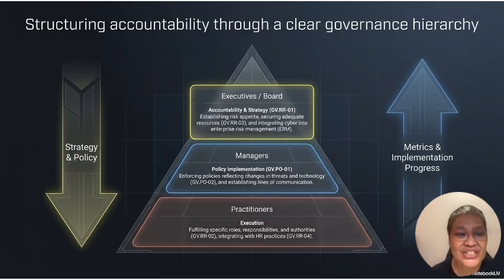So remember that strategy comes from your executives and your policies come from your managers. And then when we measure how good we're doing, how are we managing the environment, how many vulnerabilities have we looked at, how many vulnerabilities did we fix, those are metrics. They go from the practitioner up to the managers and eventually get reported to the executives.